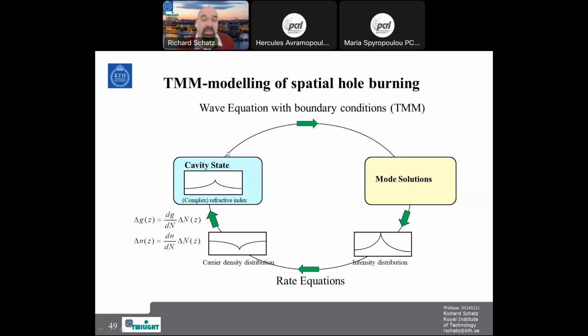So you need to iterate this until you get convergence, in order to have a self-consistent solution of both the intensity distribution and the carrier density distribution. And if you have several modes, you need to do this with all modes, so you calculate all modes for this carrier density distribution.